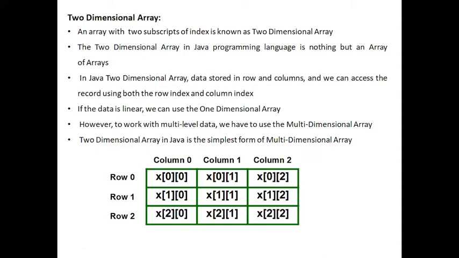For example, matrices: in mathematics we learn about matrices, already in our 10th class and intermediate. Matrices contain rows and columns. If you want to store such data, we go with a 2D array. To access a row element we have the row index, and to access a column element we have the column index.